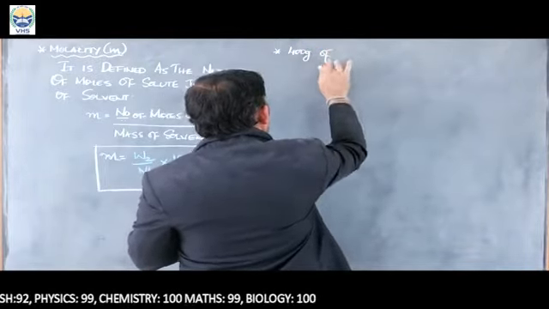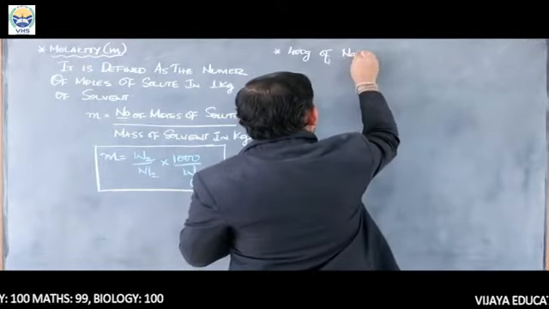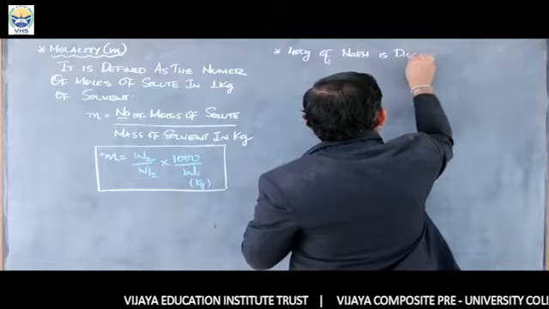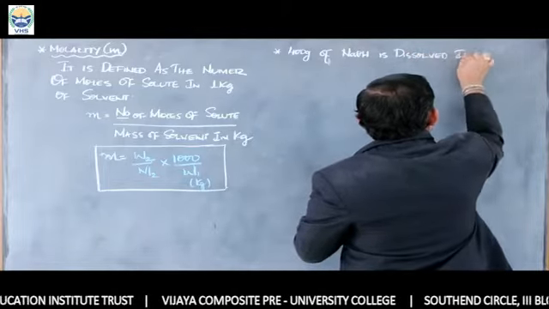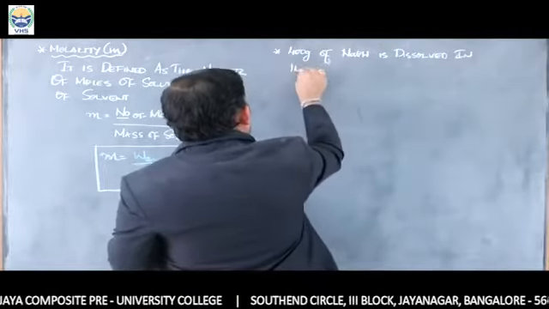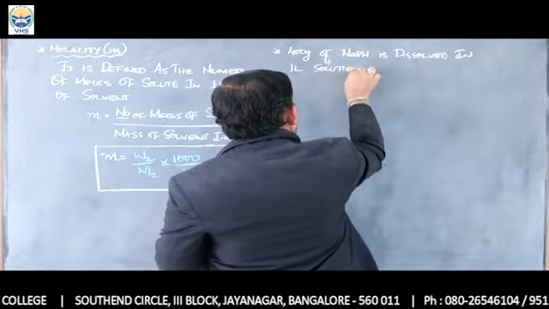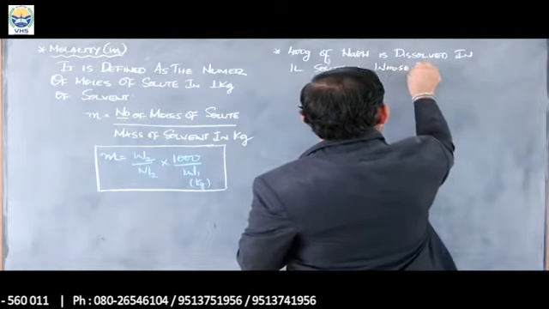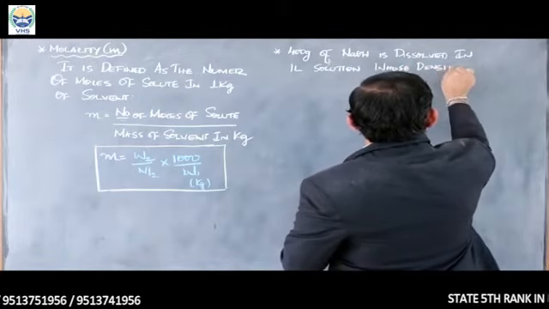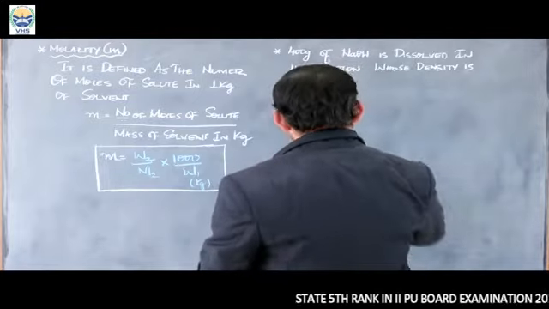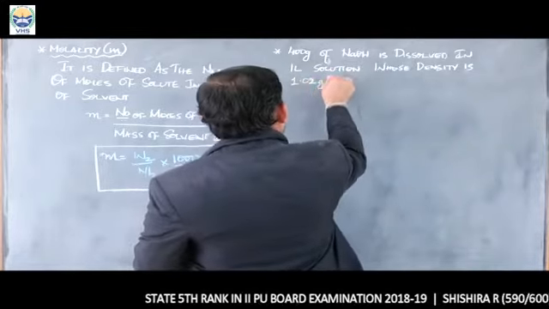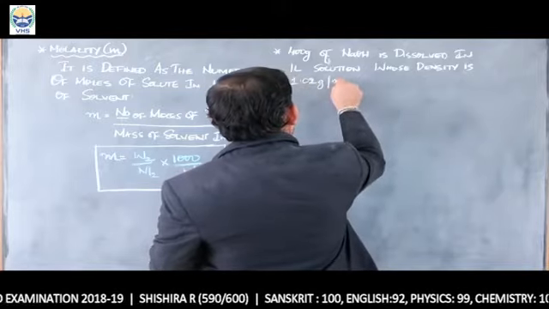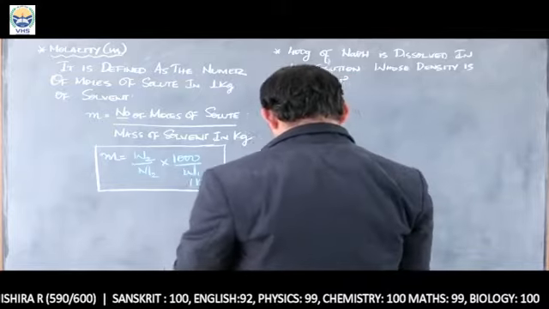400 grams of NaOH is dissolved in 1 liter solution whose density is 1.02 gram per centimeter cube.